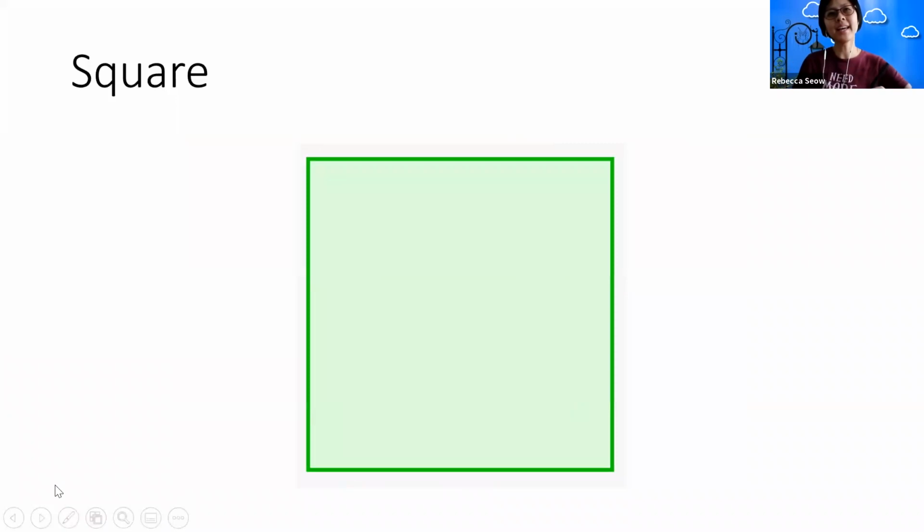We have square, and square again, all four angles are 90 degrees. We have two pairs of parallel lines. We have all sides being equal. What else can we say?